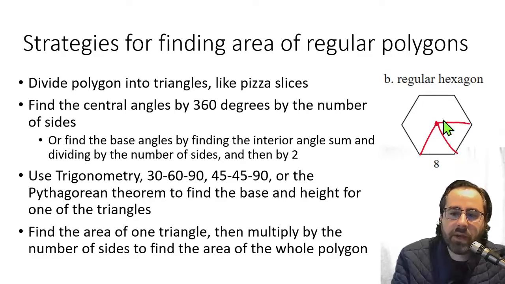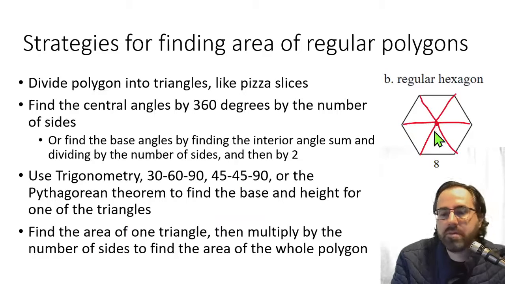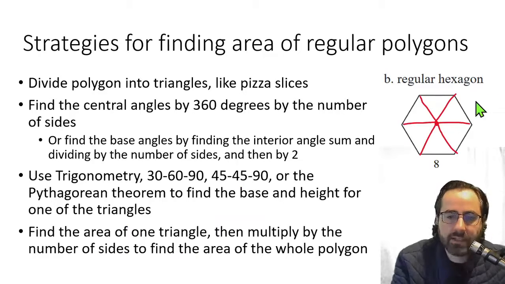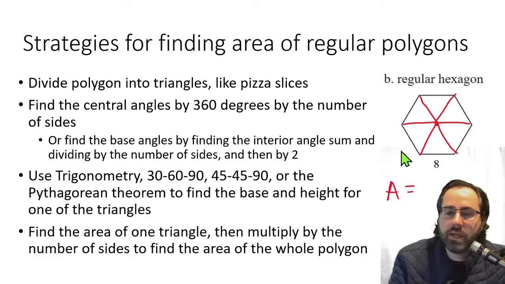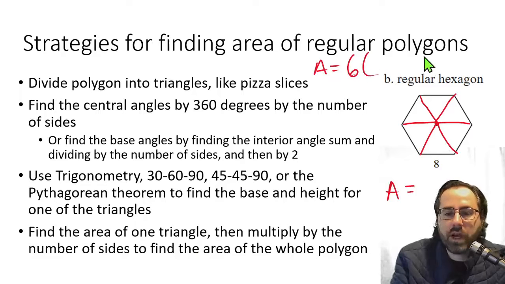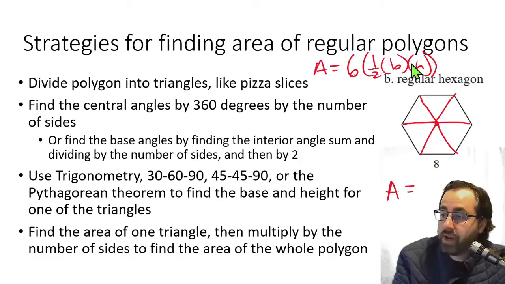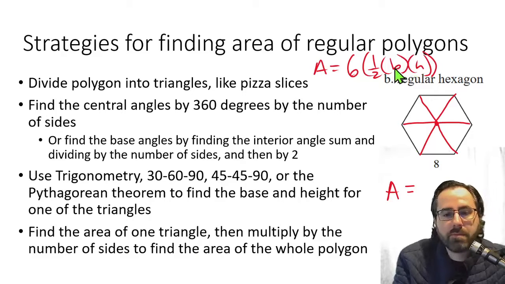And you'll create however many triangles as the number of sides. So a hexagon has 6 sides. Here's 6 triangles. And we're just going to say that the area is, and I'll write it up here, 6 triangles, and each triangle is 1/2 base times height. And then that's pretty much what we're going to do for all these problems.